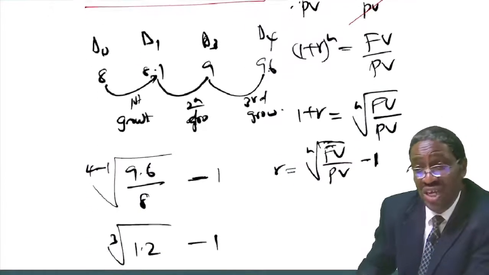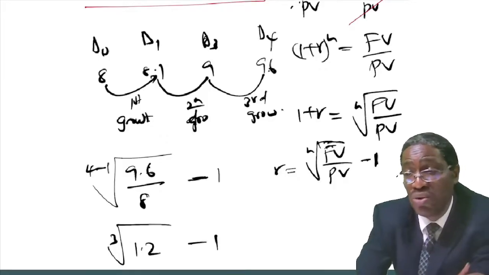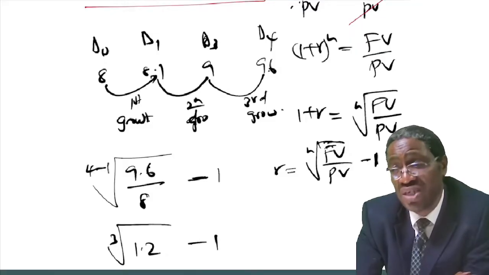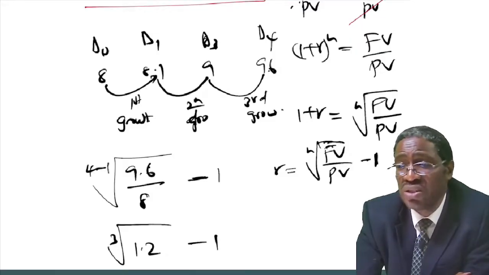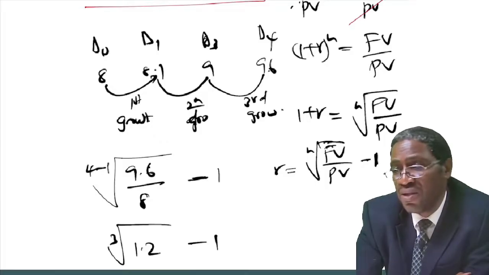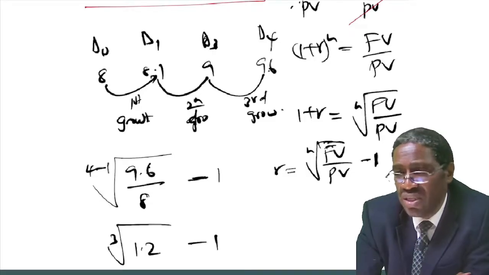I've already also illustrated how to compute growth rate using this history of the dividend: D1, D2, D3, and D4. Our D note was 8. Our D4 was 9.6. So D4 becomes our Dn, and 8 becomes our D0.